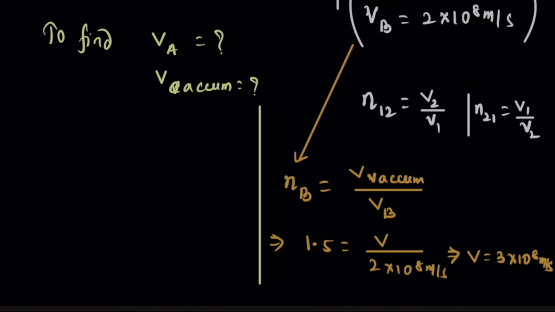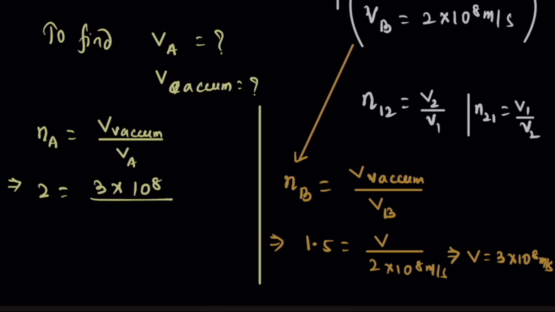Similarly, if we have to find speed of light in medium A, we can write NA is equal to speed of light in vacuum divided by VA, and we substitute the value. 2 is equal to 3 into 10 to the power 8 by VA.